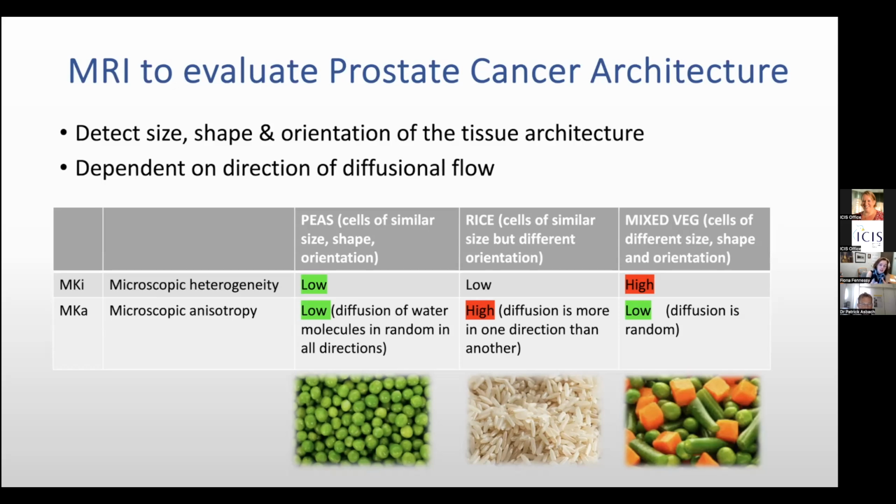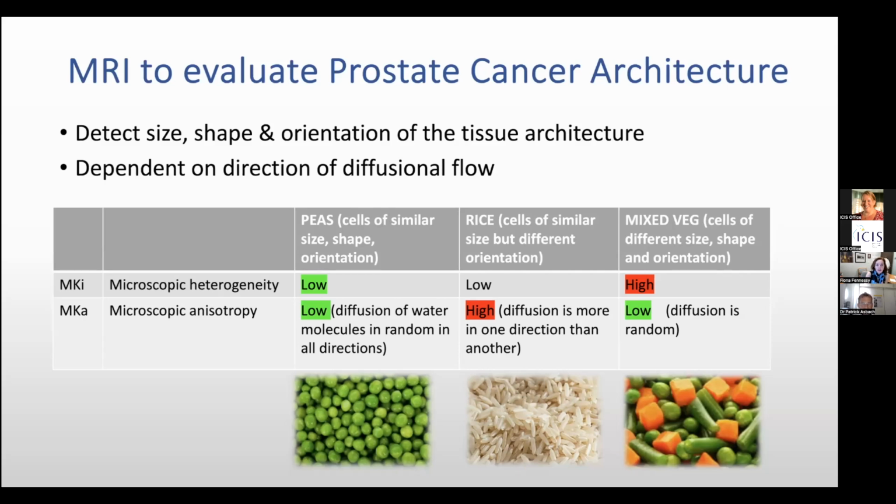So for the most part, these pea cells, their diffusion should be relatively homogeneous. If, for example, you look at rice kernels, so this would be the stroma, the rice kernels are aligned in certain directions. The diffusion that you would extract from that with these microdiffusion techniques would be quite different to what you would see with the peas, where they can diffuse in any direction. And again, if you have a mixture of tumor cells, normal cells, angulated cells, this is your mixed veg pattern, if you like, the diffusion will look very different.